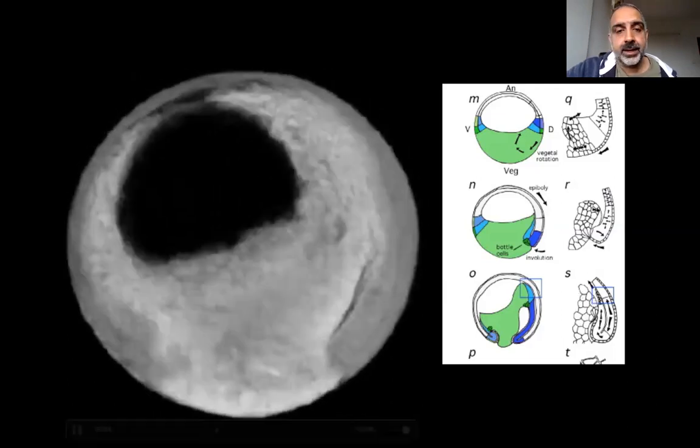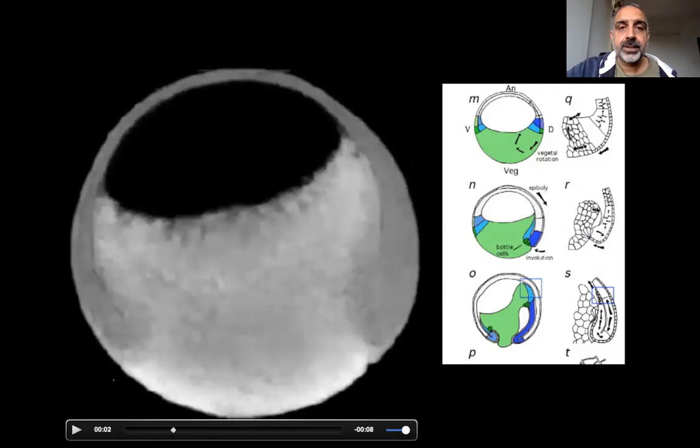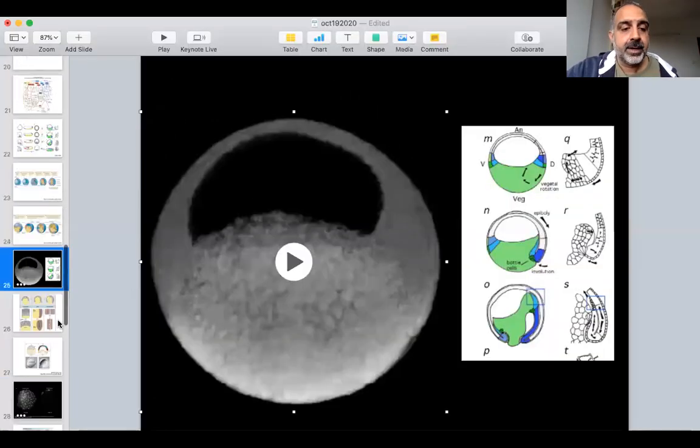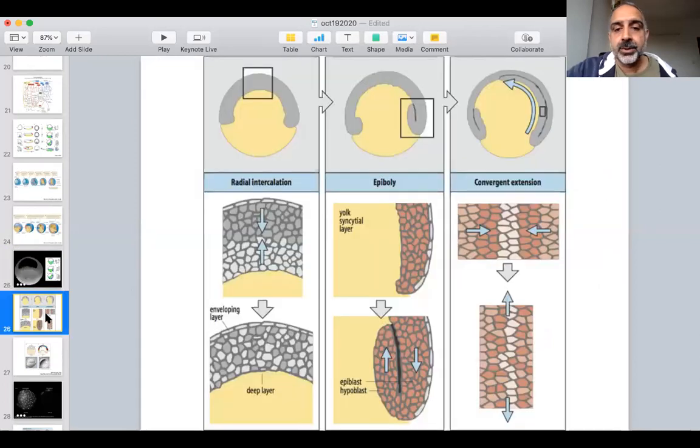Okay, this kind of process is driven again by epithelial remodeling, and this is shown much more clearly in zebrafish as well. Zebrafish gastrulate in a very similar fashion. What happens is that this ectodermal tissue is epithelial.